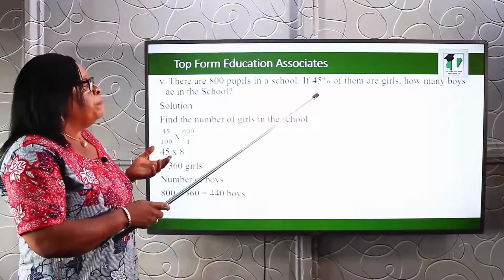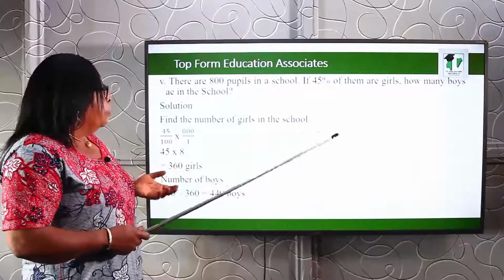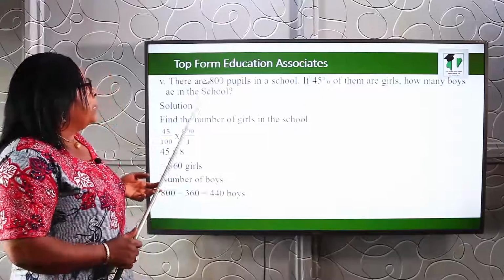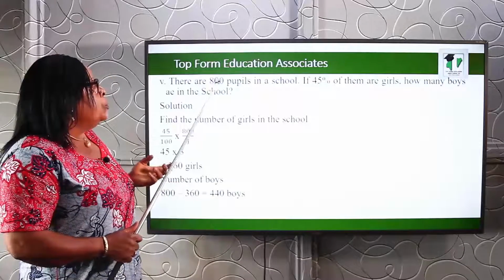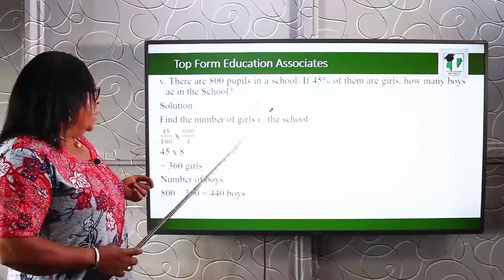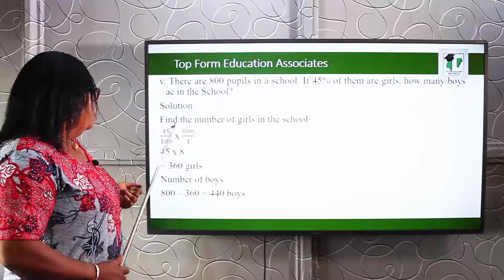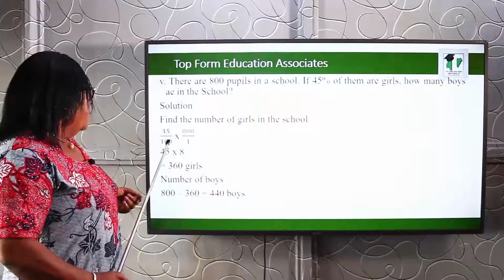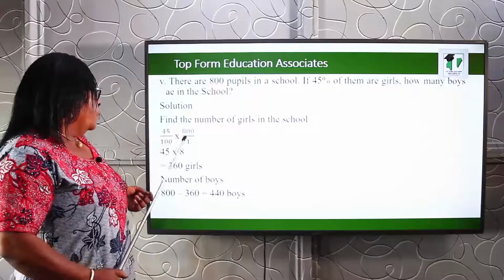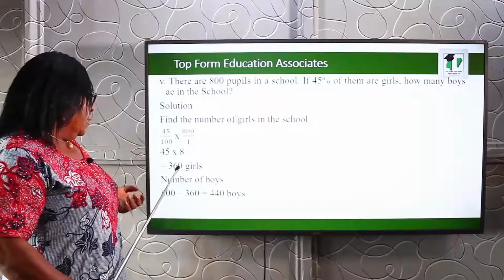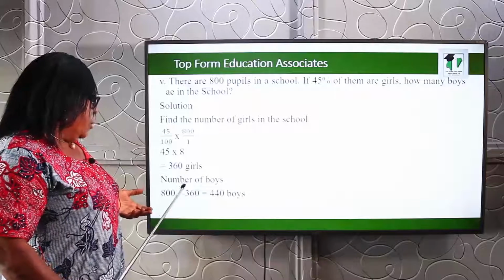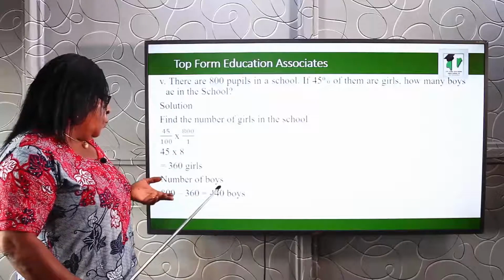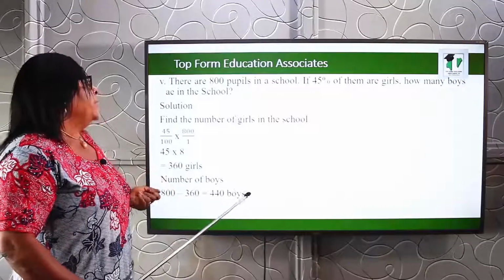So you can find the percentage of the boys, or you find the number of girls and subtract from the total number of pupils. So in this solution, find the number of girls in the school. And that is 45 over 100 times 800 over 1, giving us 360 girls. The number of boys will be 800 minus 360 equals 440 boys.